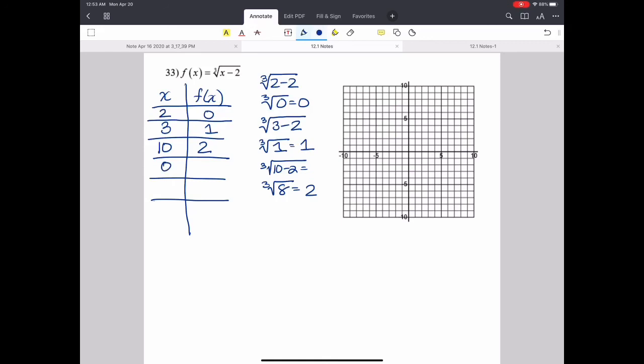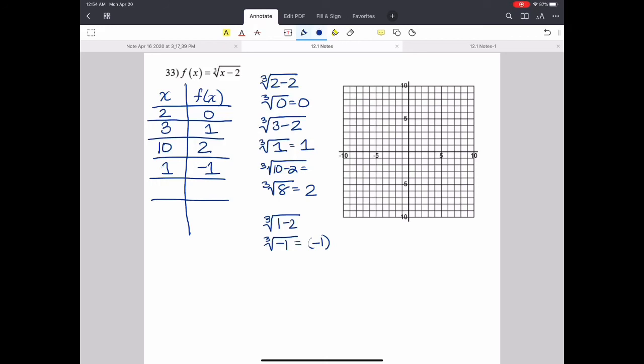If I want to make negative 1, I'm going to put a 1 there, because you can do that. So you can do 1 minus 2, well, that equals negative 1. And the cube root of negative 1 is negative 1.